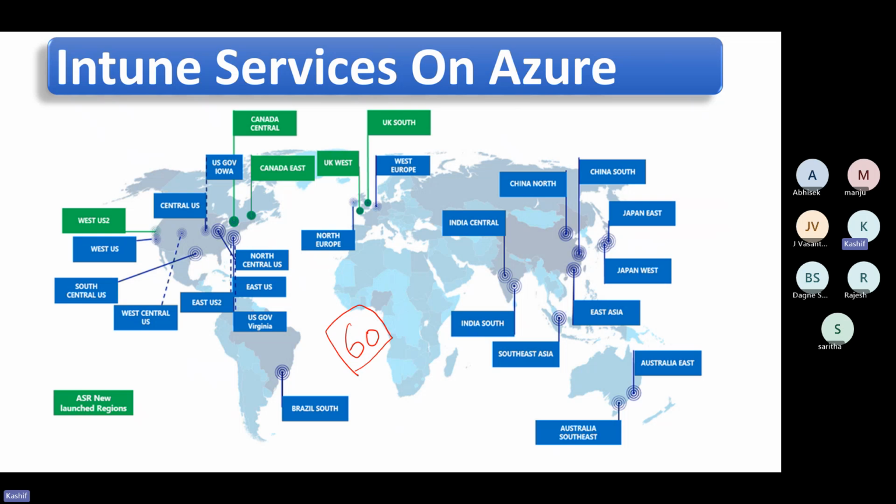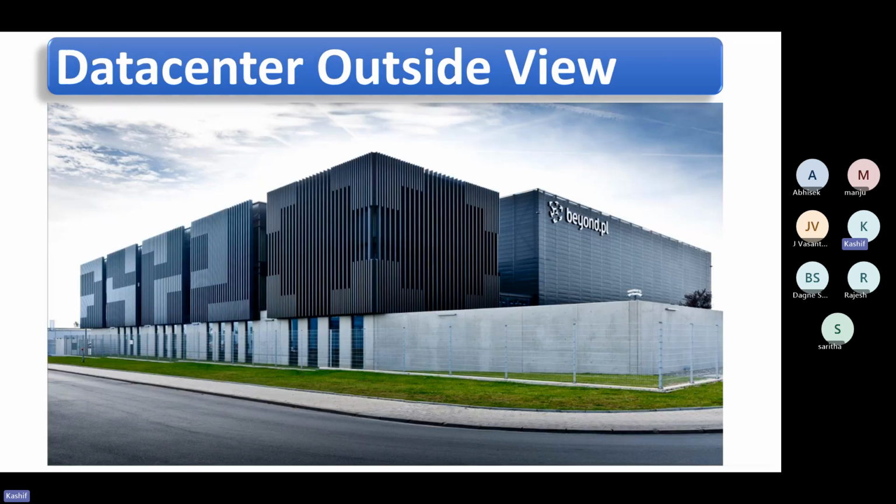And inside the cloud data center, that's a public data center, Intune services are running. So when you create your subscription, it will get created in any one of the data centers. For example, if you are in India, then it is going to get created in India data center.